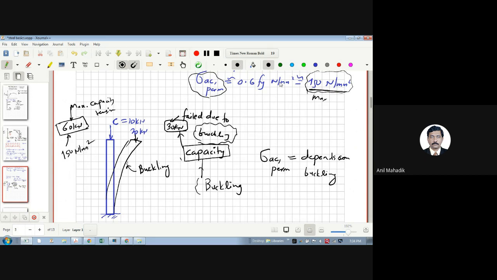If it is 50% reduced, that means 75 Newton per mm square. So sigma AC permissible is always less than tension capacity and depends on the buckling. As your buckling is more, this value will be less. Yes or no? So the permissible value will be less if the buckling is more. Getting this?